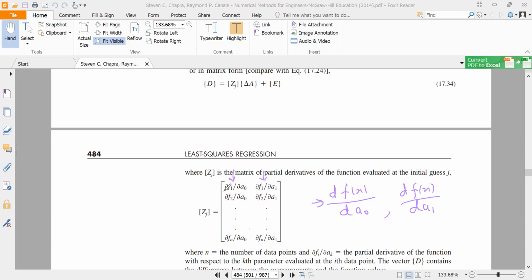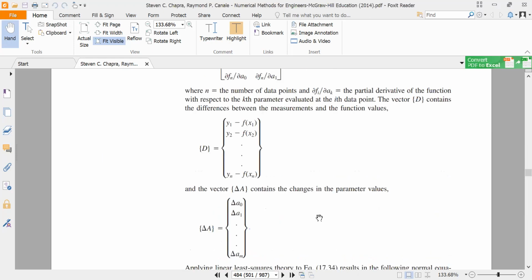This is the first column; the second column is the derivative of your function with respect to A1, at each data point. The number of rows of this matrix will depend on how many data points you have. So if you have three unknowns there, another column will be added, isn't it? Yes, sir.